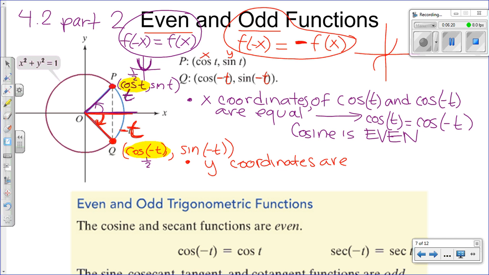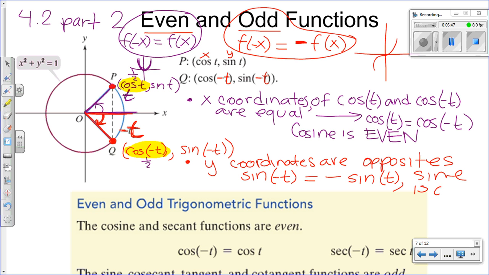Because here the y is positive, here the y is negative. So the y-coordinates are opposites. Therefore, the sine of negative t is equal to the opposite of the original sine of t. And therefore, sine is odd.